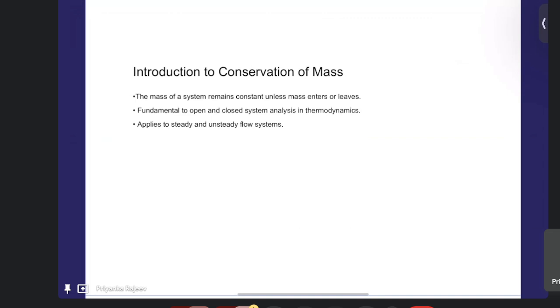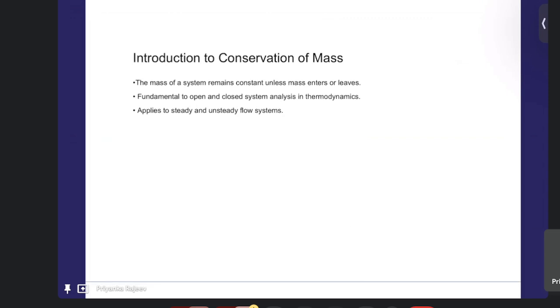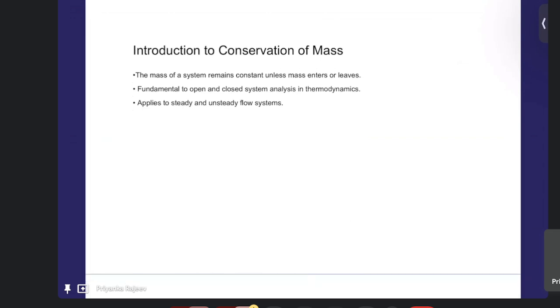That is the very layman approach of describing this law. But how mathematically we can incorporate it when we are discussing calculations or thermodynamic problems that we will encounter in future classes, that is what we are going to see now.